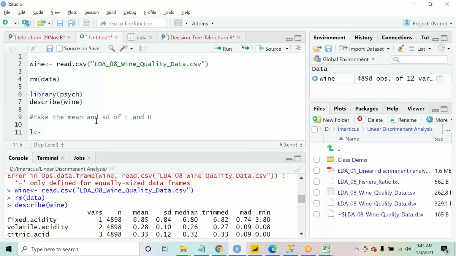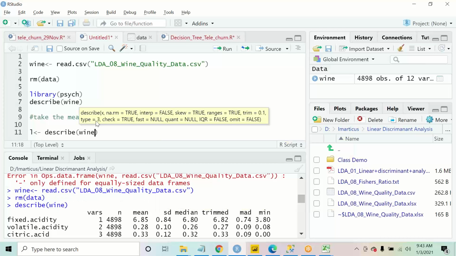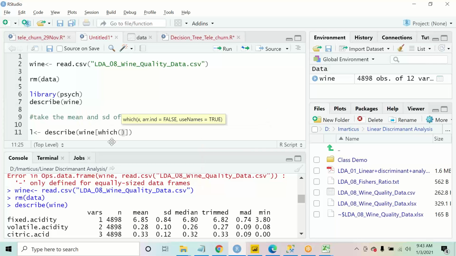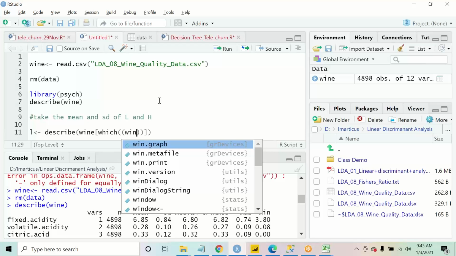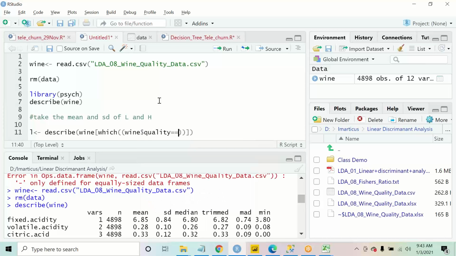Let's create a variable L, and I will say I want to describe my data set, wine, and in the wine I only want to use that data which, I will use the which function, the wine underscore quality is equal to L, right? First of all, I will capture the data where the wine quality is low, right?